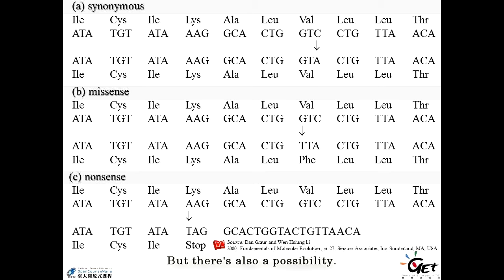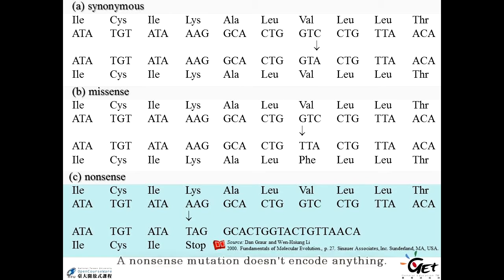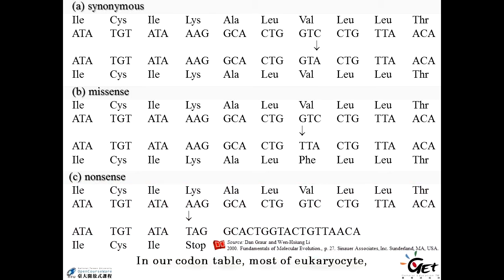But there's also a possibility, for example, a nonsense mutation. A nonsense mutation doesn't encode anything. That means a stop codon. In most eukaryotic codon tables, we have 3 genetic codes that encode a stop codon. That's the termination signal for translation.